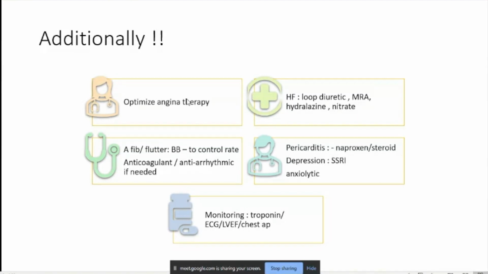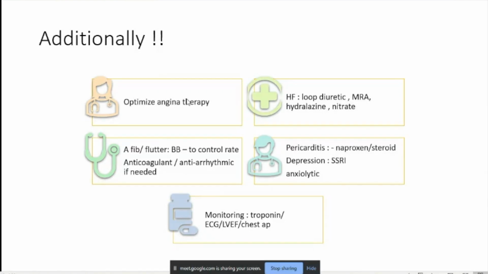Based upon whether the patient has congestion, we can give loop diuretics. If the patient has persistent symptoms of heart failure, regardless of MRA, loop diuretics, beta blockers and ACE, we add hydralazine or nitrates. We already discussed all this in heart failure, so you should know that. Tomorrow we'll be discussing cardiac arrhythmia.